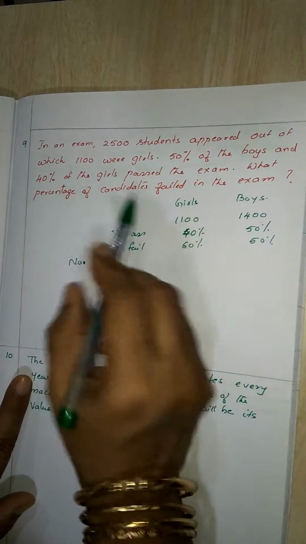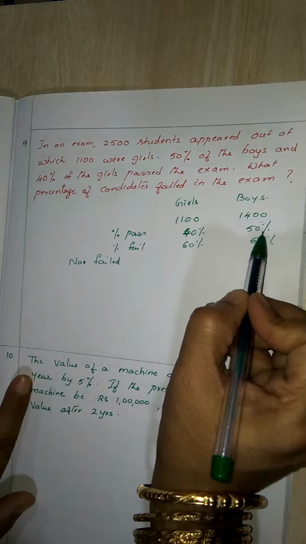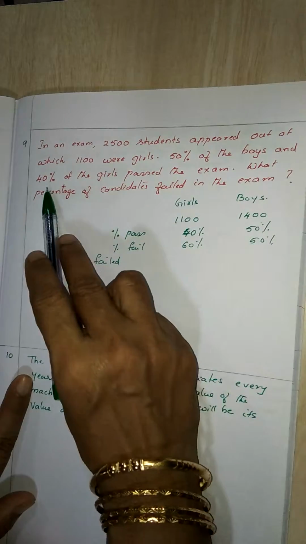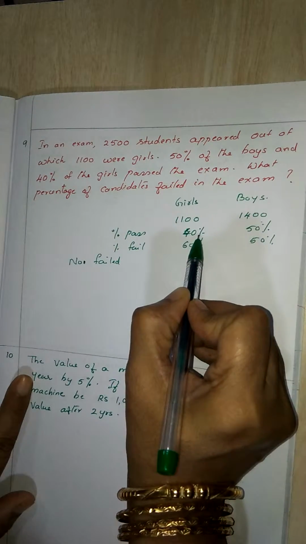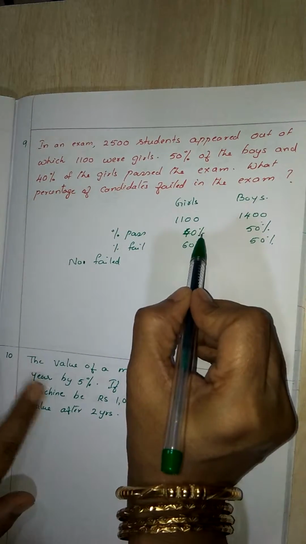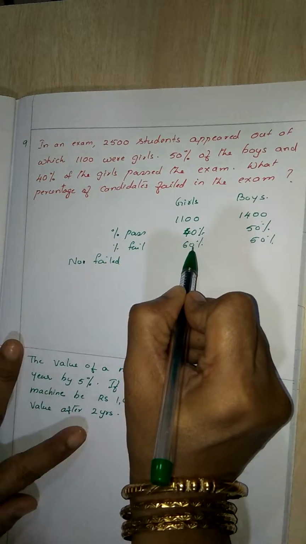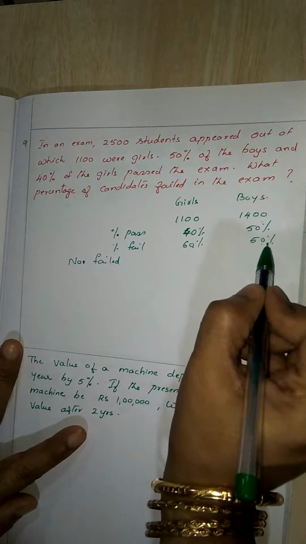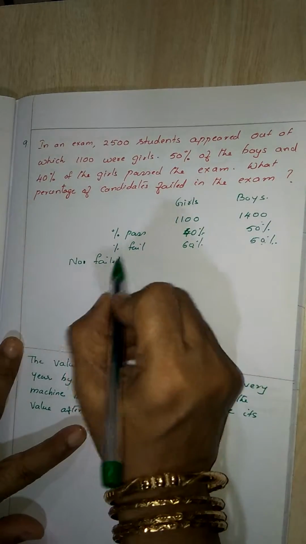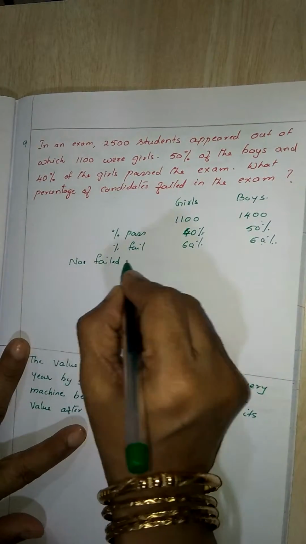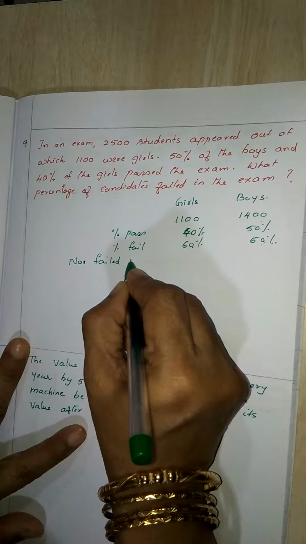Now percentage of pass, 50% of the boys passed and 40% of the girls passed. So 40% of the girls passed means percentage of failures will be 60% and percentage of failure in boys will be 50%. So now we will find number of failed children.